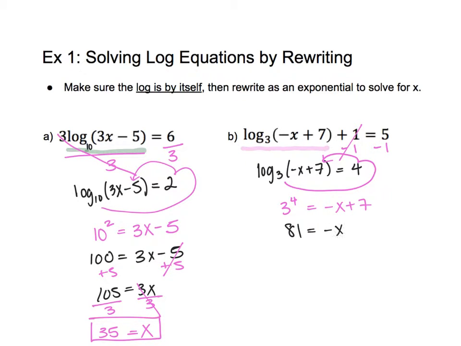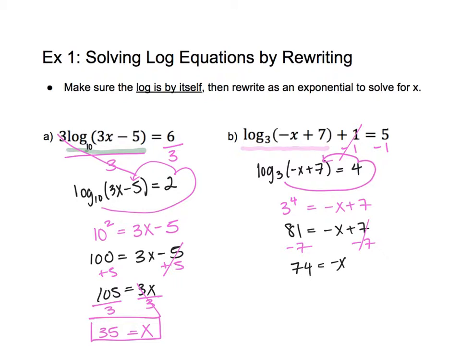Then I have a minus x plus 7 on this side. So I need to remove this 7, so I'm going to subtract 7 from both sides. That cancels, and so I have negative x equals 81 minus 7 is 74. Okay, so now we have to get rid of this negative on the x. How do you get rid of a negative sign?